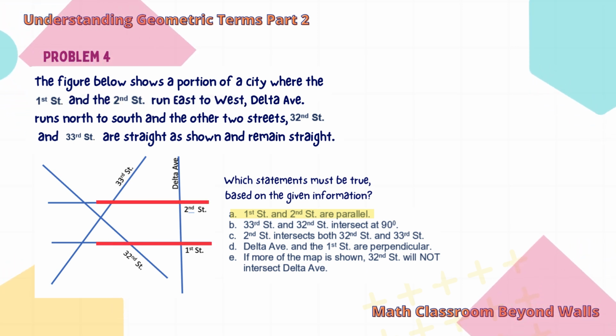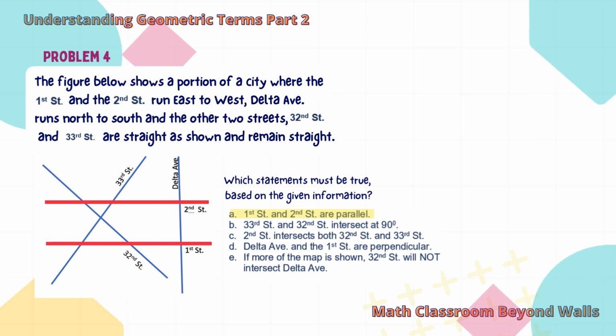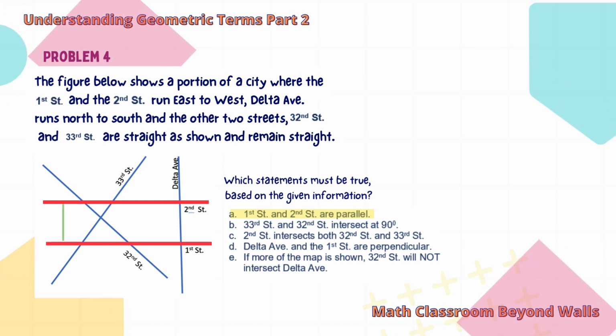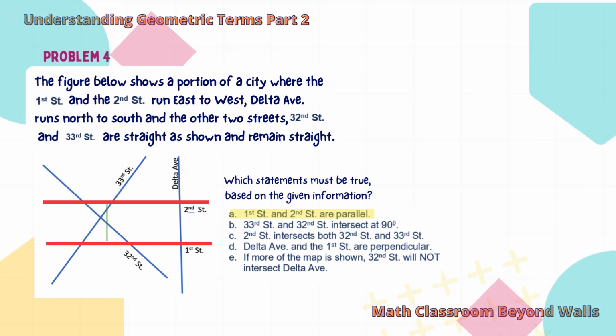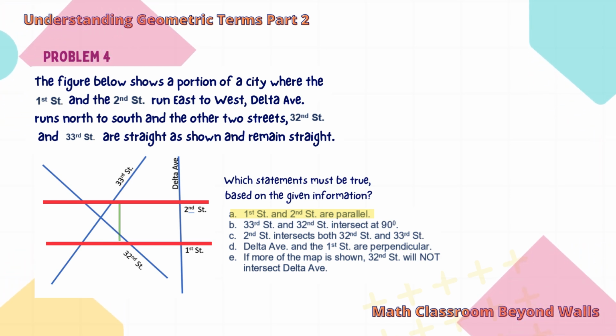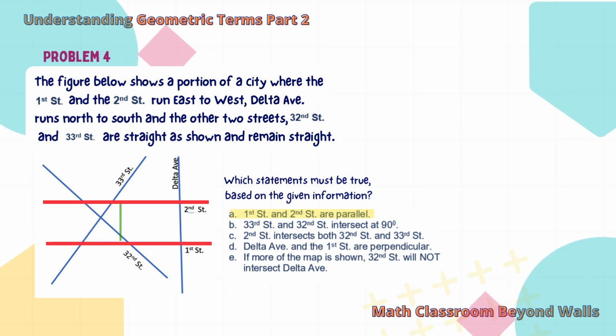Okay, so the two lines are running east to west. Since both are running east to west, the vertical distance between them will always be the same. Hence, they will never intersect, a requirement for parallel lines. So yes, the statement is true. The first street and the second street are parallel.